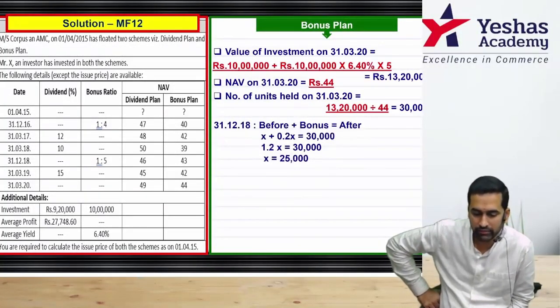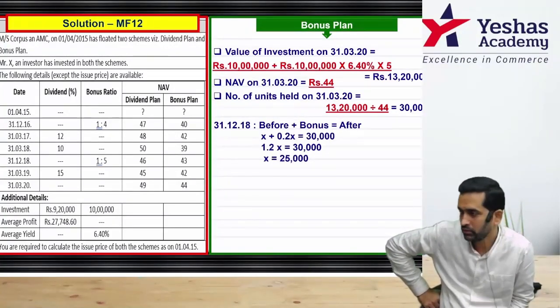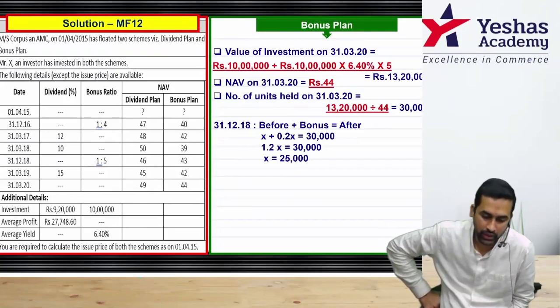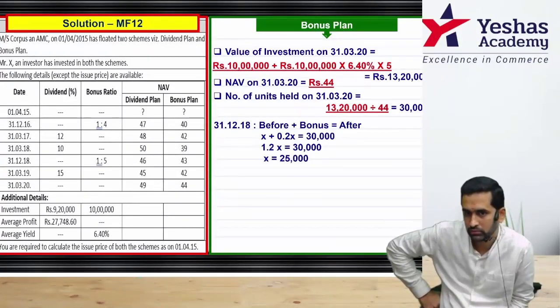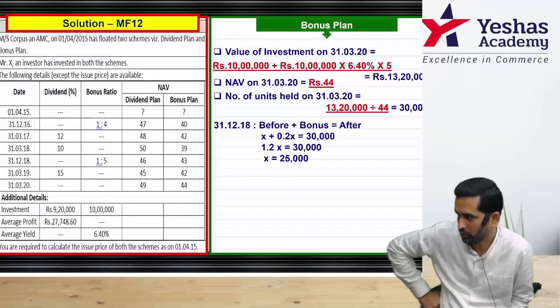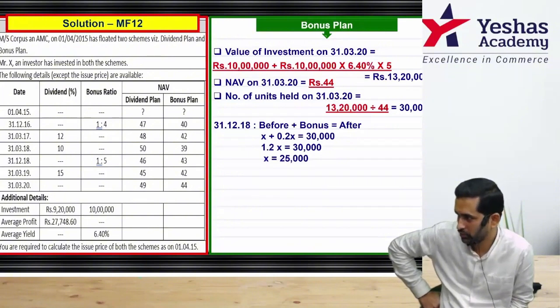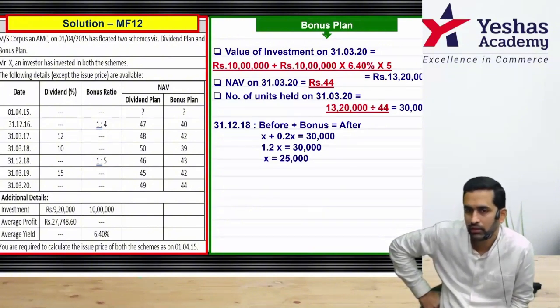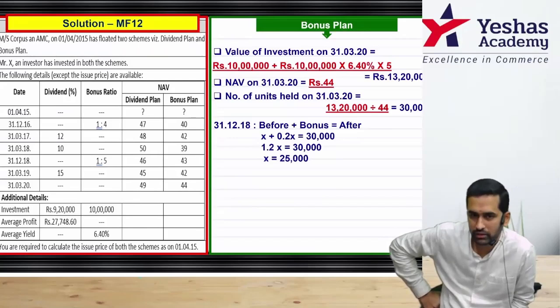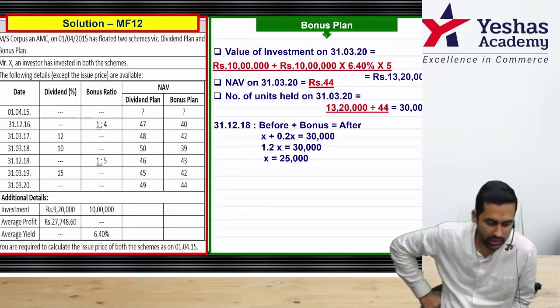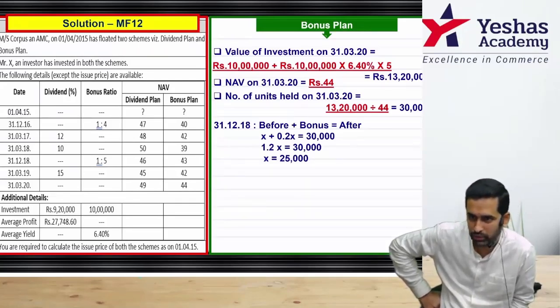Start the calculation. 31st December 2018, that's when you got the first bonus. How to calculate? Units before plus bonus is equal to units after. Same style. We know units after, but we don't know units before. So we start with x plus. Now go to the question. Understand it is printed as 1:5. So one bonus for every 5 held.